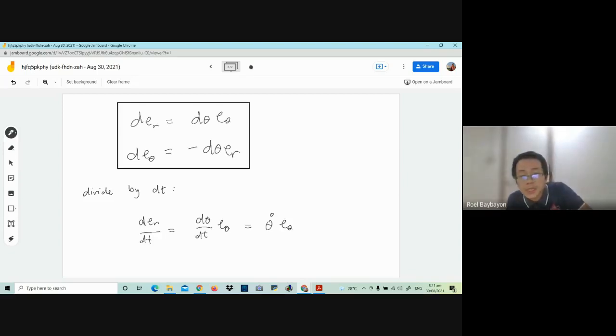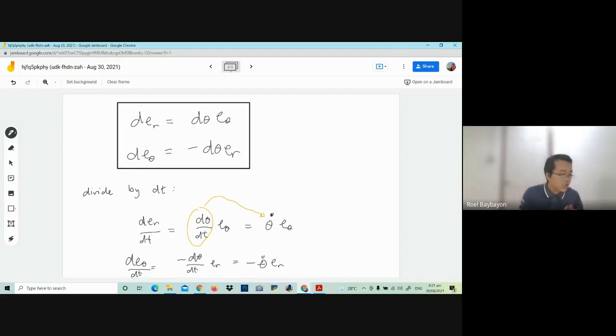Theta dot means the first derivative with respect to time, the time derivative of my theta. Also, d e_theta dt is just equal to minus d theta dt e_r, so this is equal to negative theta dot e_r.